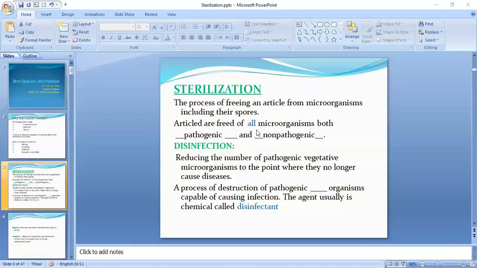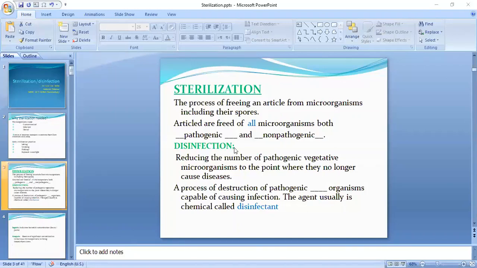Articles are freed of all microorganisms, both the vegetative bacteria and both the pathogenic and non-pathogenic bacteria. These are killed by the sterilization. So sterilization is a process to get rid of all microorganisms.